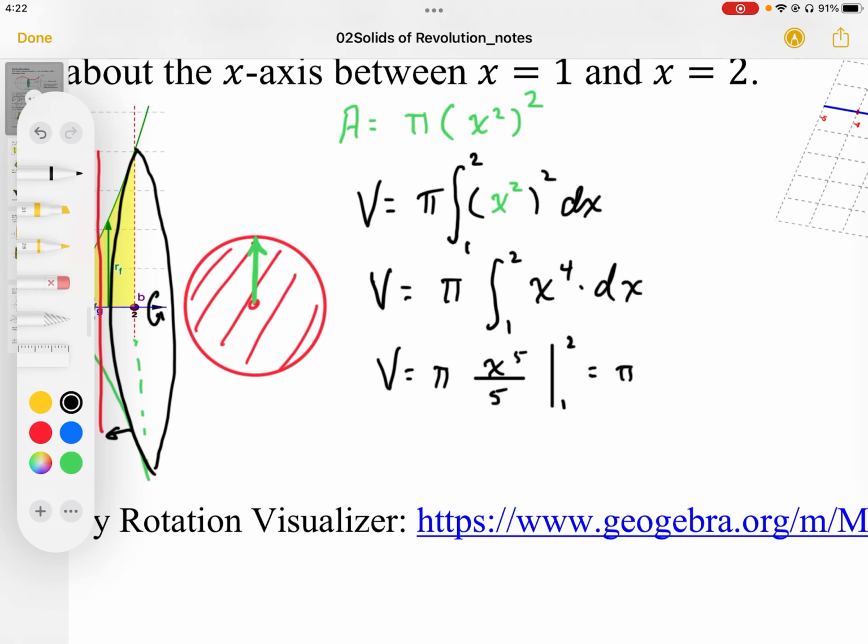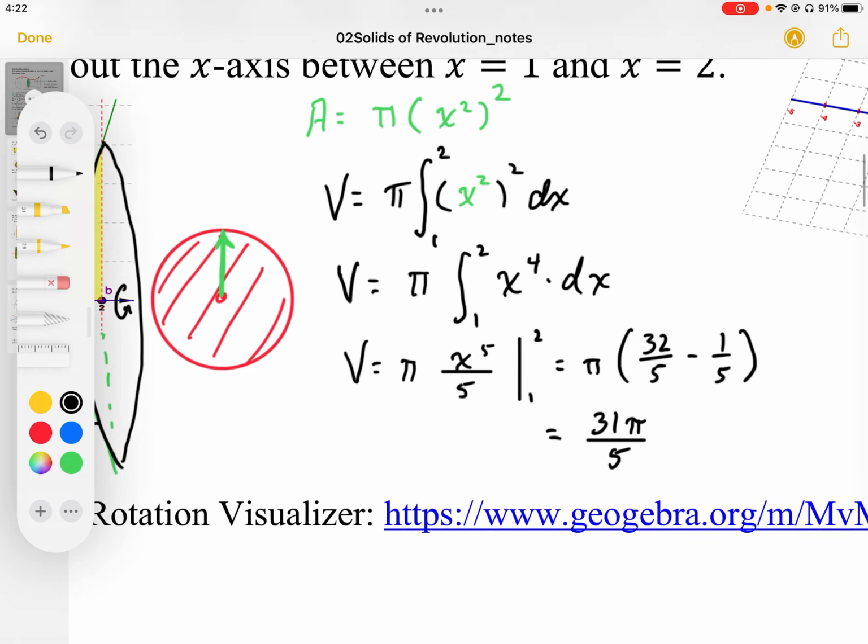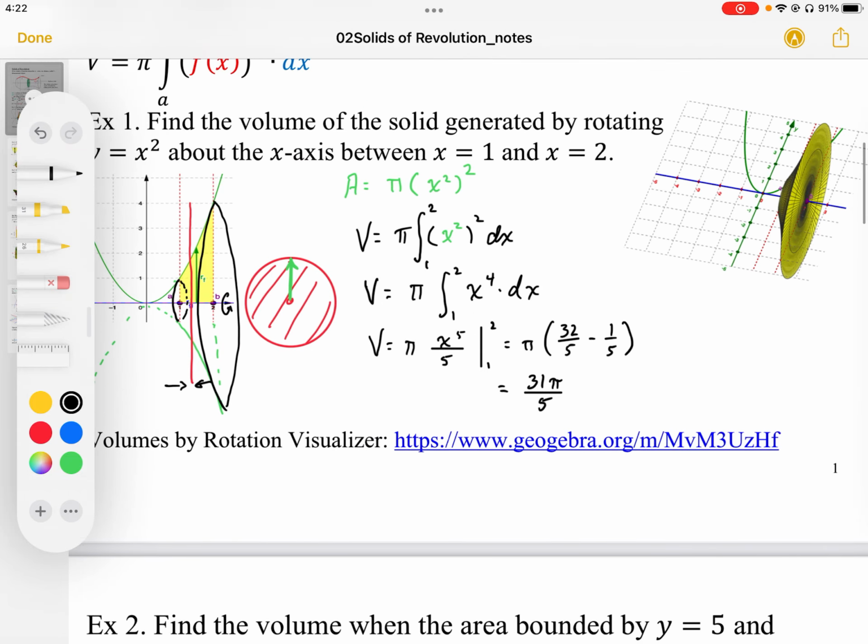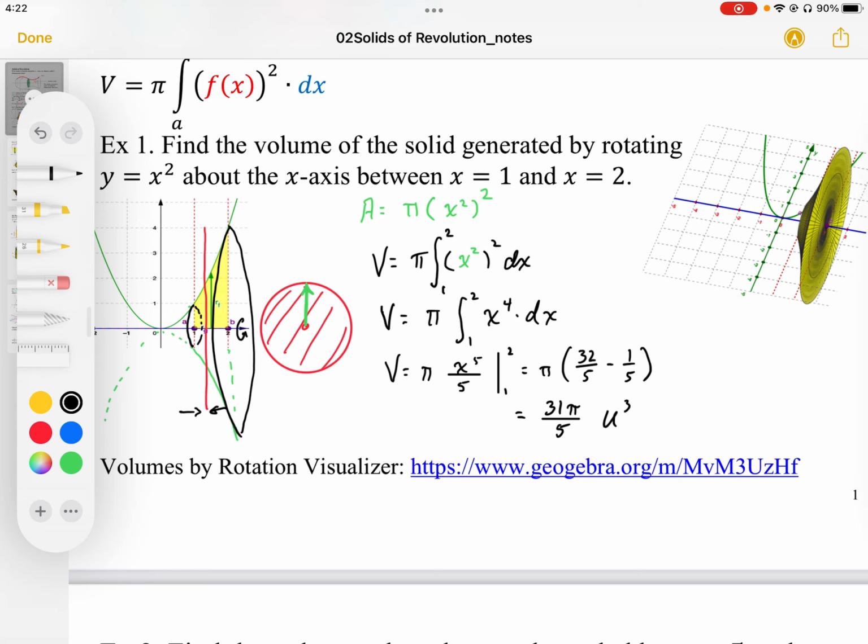That works out to be pi, well, 2 to the power 5 over 5 minus 1 to the power 5 over 5. And so that simplifies to 31 pi over 5. And since it's a 3-dimensional solid, the units are going to be units cubed. So there is the volume expression for this.